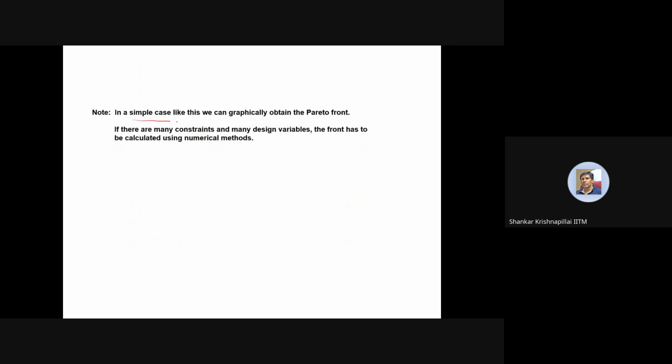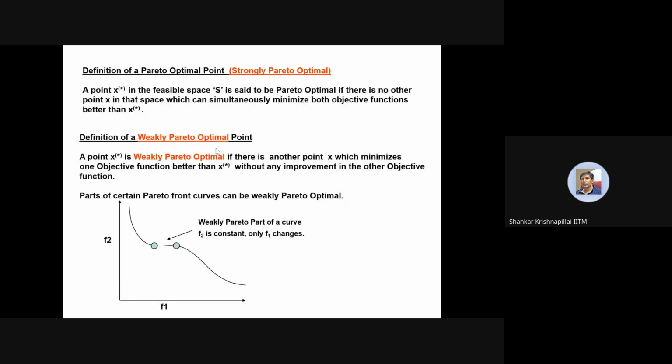So in a simple case like this, we can graphically obtain the Pareto front. But if there are many constraints and many design variables, the front has to be calculated using numerical methods like genetic algorithm. So these are some standard definitions, which are not very important. In fact, you already studied these definitions by now. So what is a strongly Pareto optimal point?